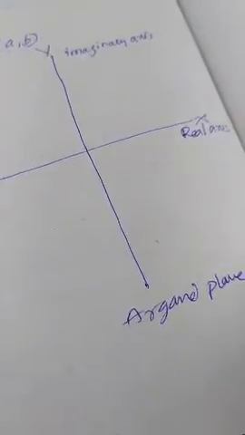How to define the Argand plane? When complex numbers are represented as points in the plane, we consider the x-axis as the real axis and the y-axis as the imaginary axis. Then that xy plane is called the Argand plane.